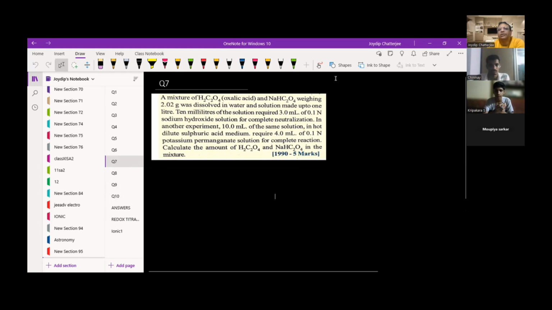This was asked in JEE. It seems that this question is lengthy, but actually the basic core concept is the same.